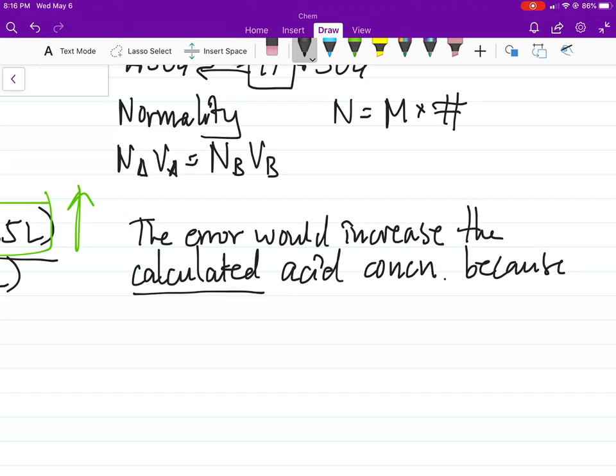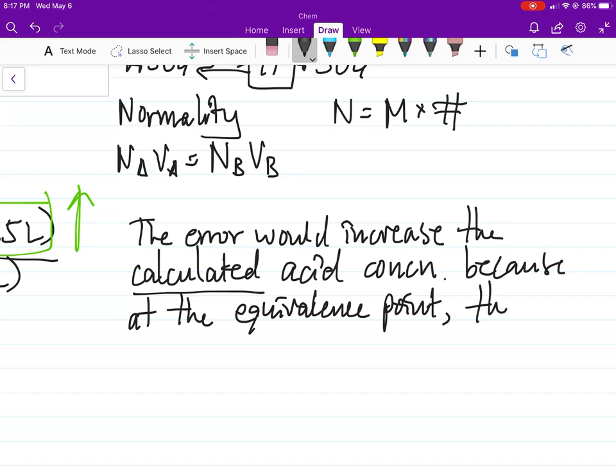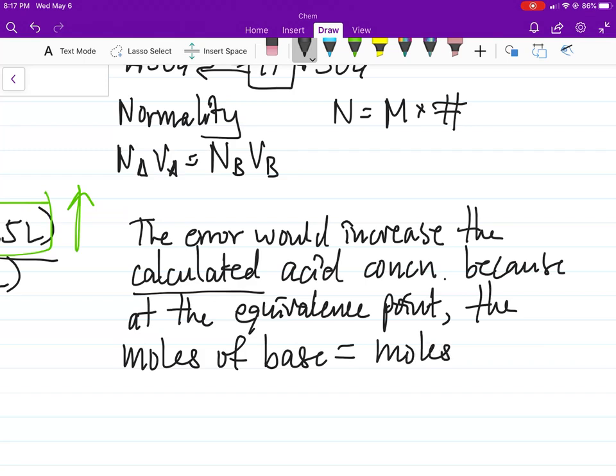well, now you can mention what the equivalence point is. At the equivalence point, the moles of base equal the moles of acid. Well, base and acid, I mean OH minus and H plus.